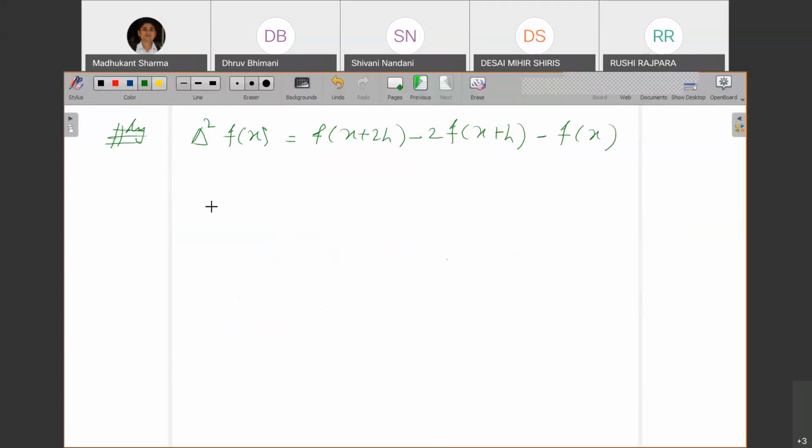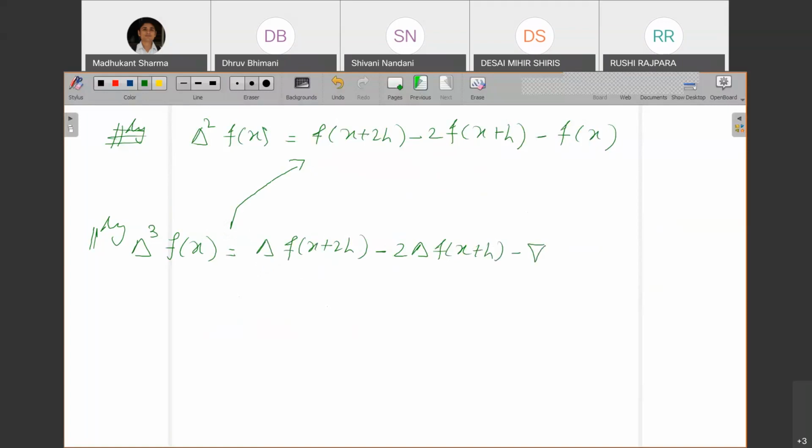Then we are going to go for delta cube, meaning one more time delta is acting. It is enough to take the forward difference of this and use the linearity. So that is equal to delta of f of x plus 2h minus 2 times delta f of x plus h plus delta f of x, and then you apply the definition.